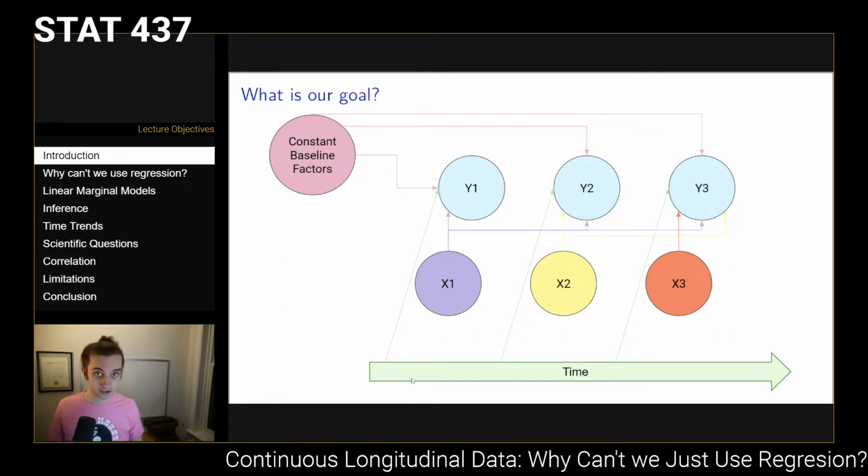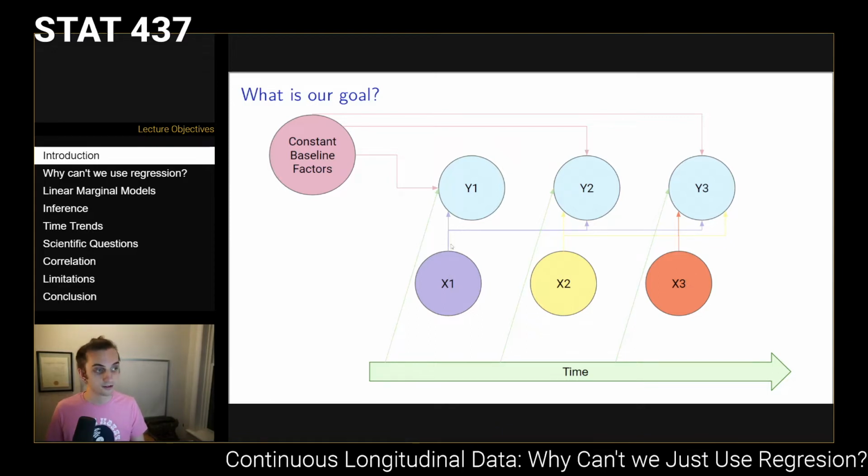So in this diagram, every arrow between two factors is some effect that we might care about, right? So we have these constant baseline factors, and there's arrows into the outcomes from the constant baseline factors. And so that would be the effect of a constant baseline factor on the value of our outcome. We also, of course, have effects of the explanatory factors on the outcomes.